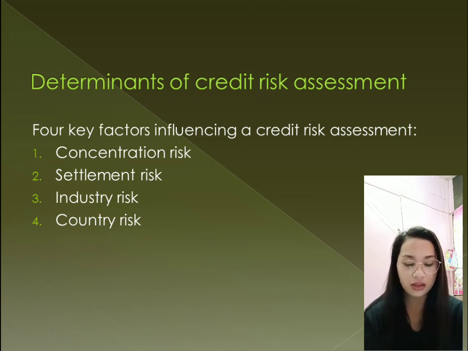Number 3, industry risk applies mainly when the domestic or international economy is in recession and the poor economic condition affects specified industries. And lastly, country risk arises from exposure to individuals and institutions in countries with legal systems, business codes, and standards that differ from those of the lender.